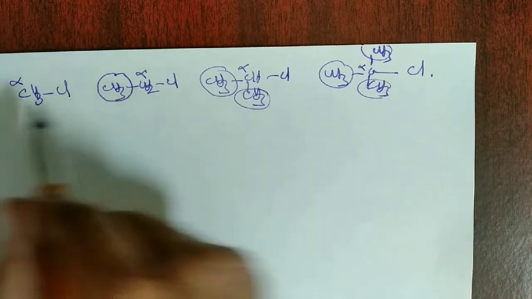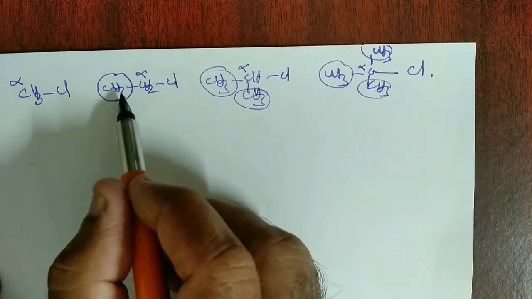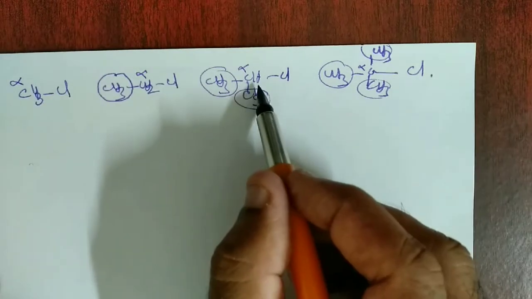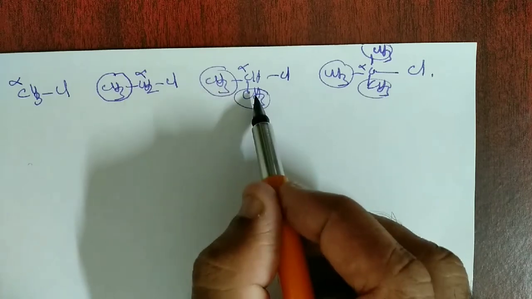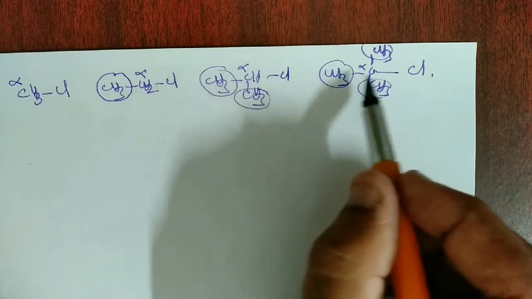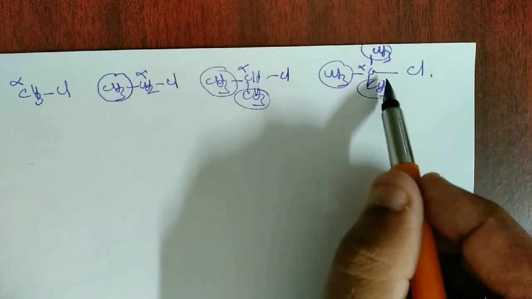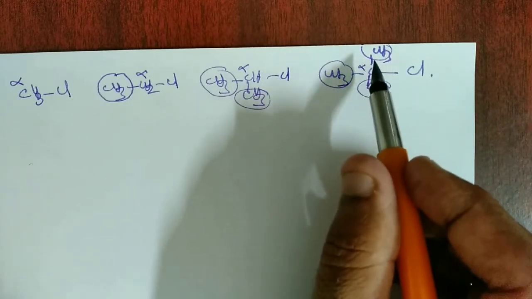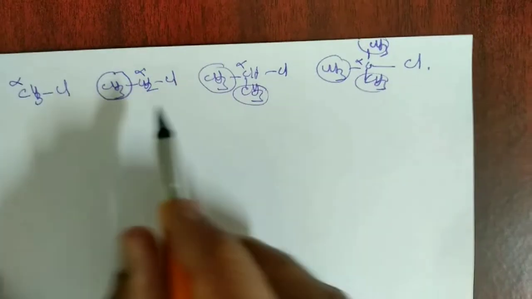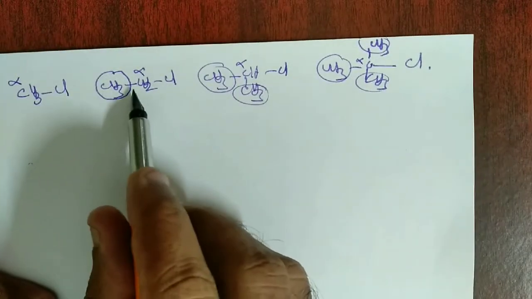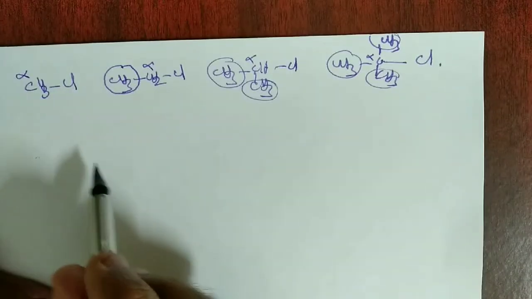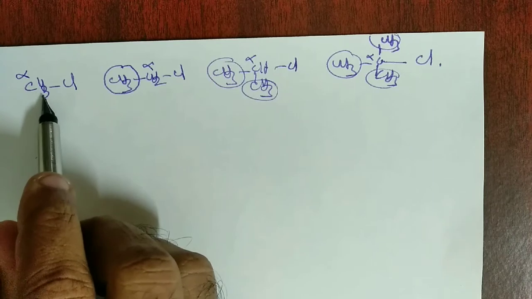In the second, one hydrogen atom is replaced by an alkyl group, methyl group. The next compound has 2 methyl groups or 2 alkyl substituents at alpha position, and in the third compound there are 3 alkyl groups at alpha position. As the number of alkyl groups at alpha position increases, rate of SN2 reaction decreases.